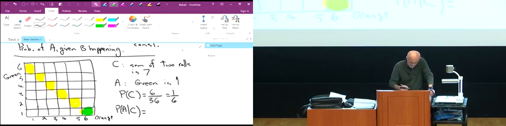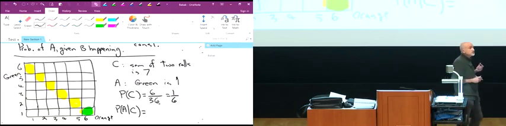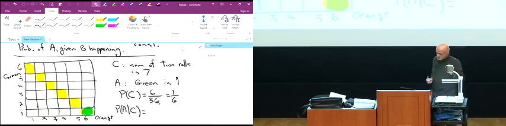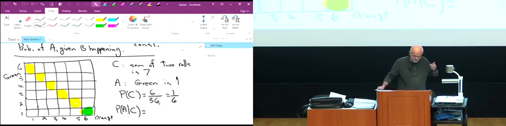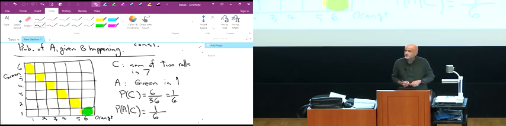So what's that conditional probability? My new universe, event C, has how many sample points? 6, right? And out of those 6, only one of them corresponds to the event I'm interested in, 1/6. Again, this is the probability of A and C divided by the probability of C.